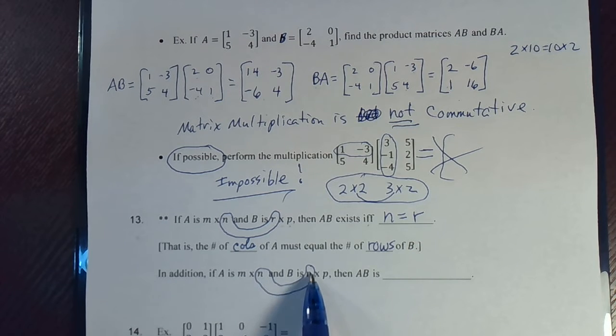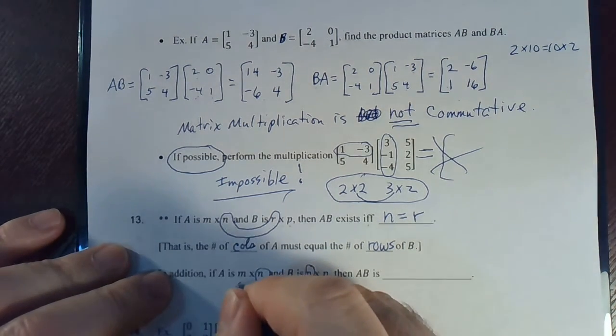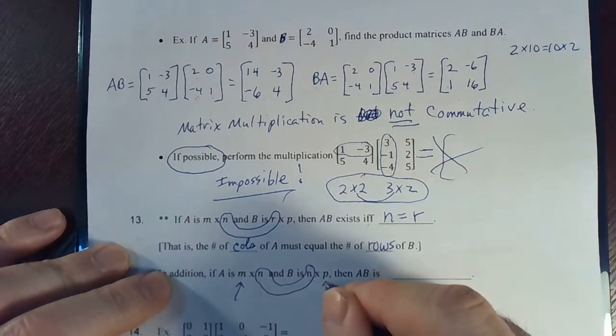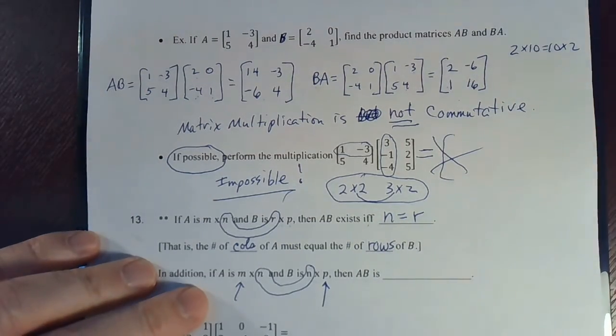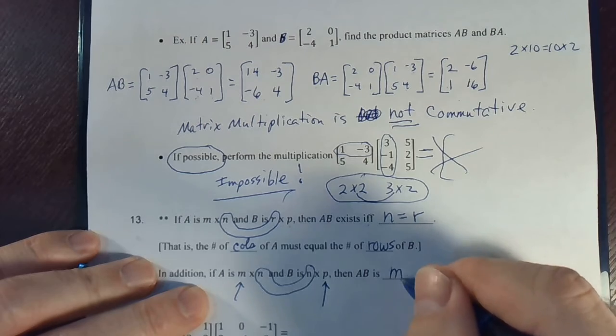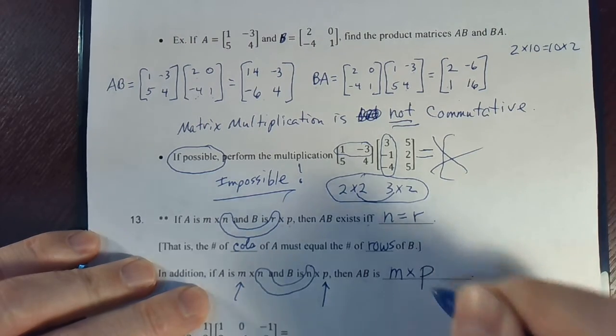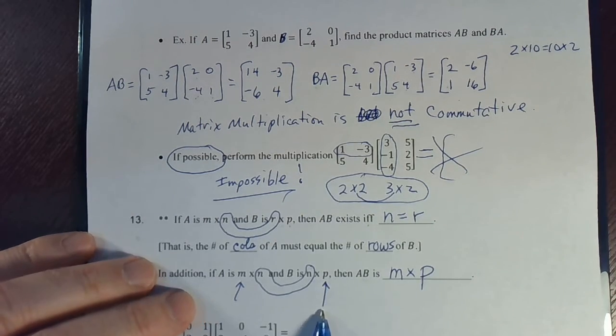I guarantee I can multiply these 2 matrices together. A is this size, B is this size. Then, after you multiply them together, the resulting product matrix has size this by that. The other 2 numbers, the outside numbers, m by p in this case. Okay?